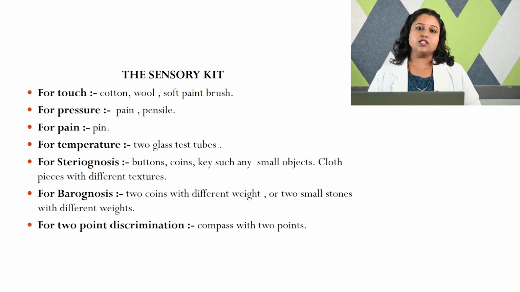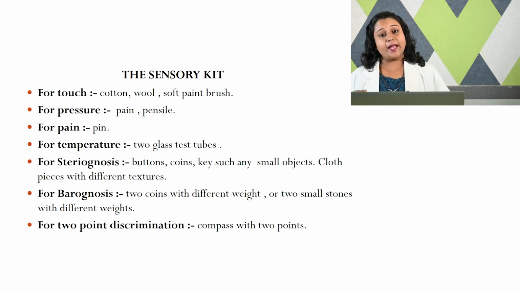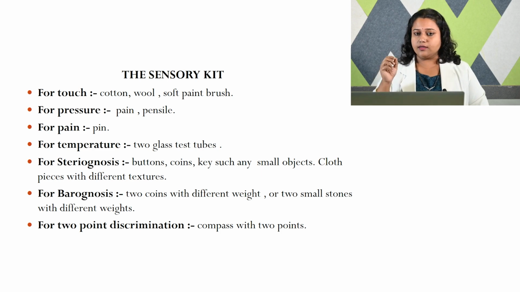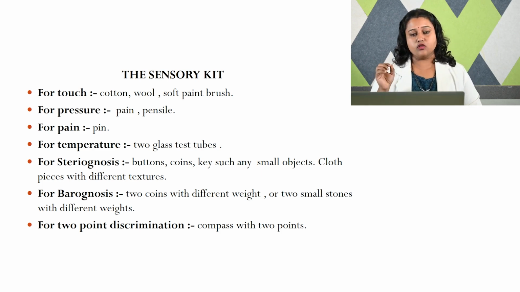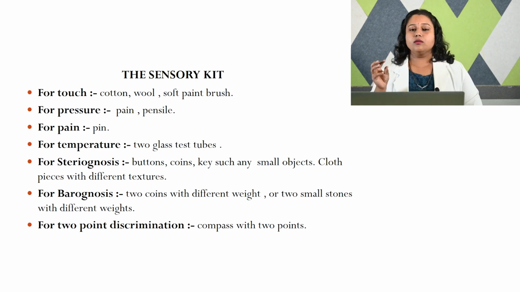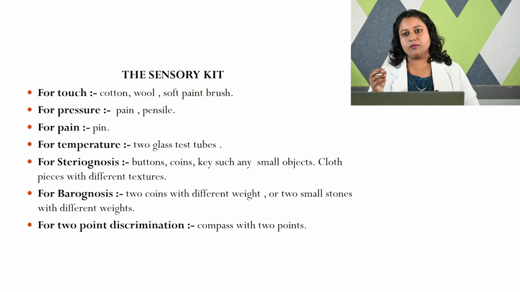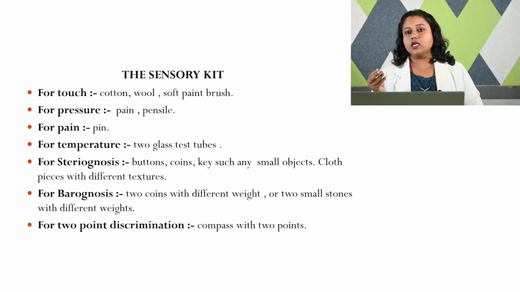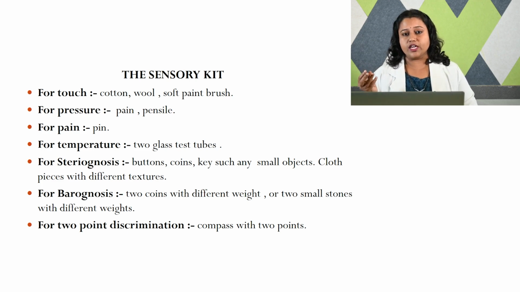Then for pressure sensations, keep a pen, pencil, or any blunt object. For pain sensations, put in a safety pin or small pin. For temperature sensation assessment, we need 2 test tubes. For stereognosis, put in small objects like coins, buttons, and cloths of different textures.